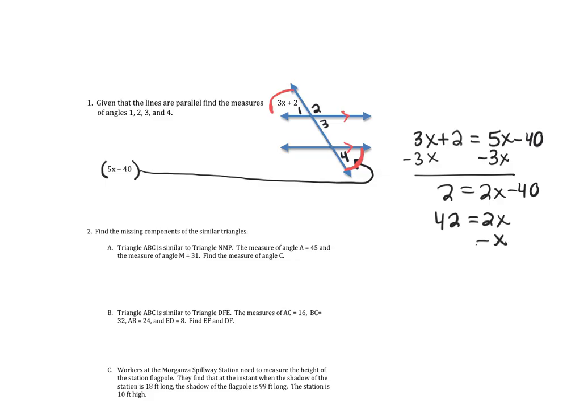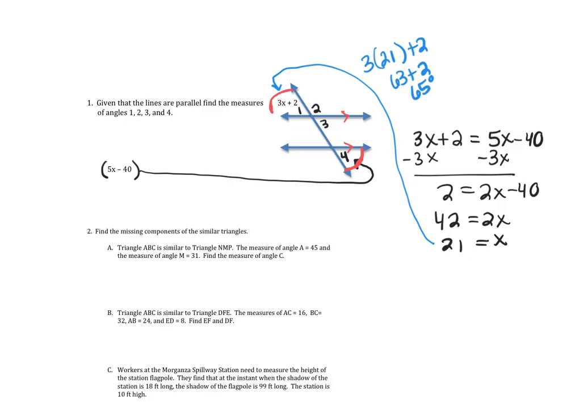So x equals 21. Now we're going to take our 21 and substitute it back in. If I substitute 21 into 3x plus 2, 3 times 21 plus 2 is 63 plus 2, which is 65 degrees.